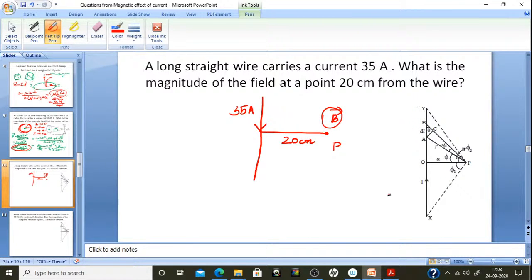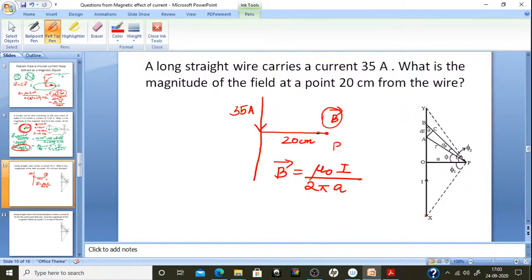I think I have not given you this one, but I'll give you the diagram later. Maybe this is the diagram for that. I did not do it because this is not in the syllabus, but in CBSE they have done it. So the formula for that is B is equal to mu naught I by 2 pi A. This is the formula for the magnetic field because of a straight wire at a point at distance A from the wire.